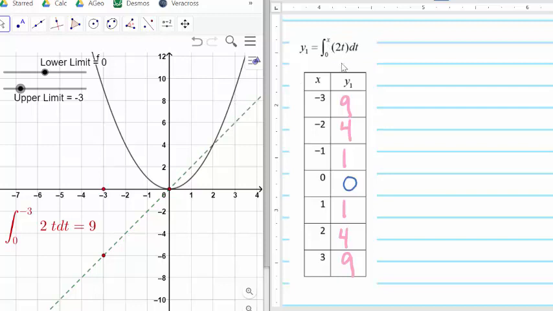If my derivative function was a linear function 2t, the function that had it as its derivative should be a quadratic. In thinking about the green dotted line function here, which is the derivative graph, the derivative had a negative height value over here, which meant that the original function was decreasing on that interval.